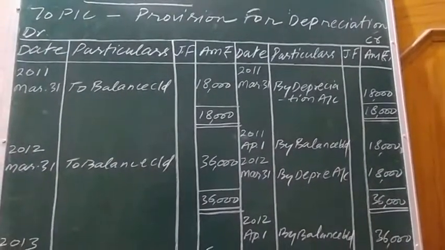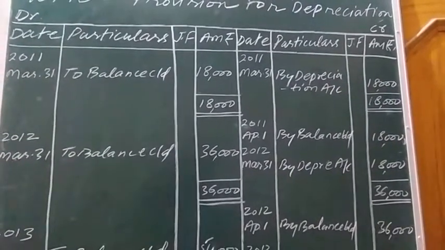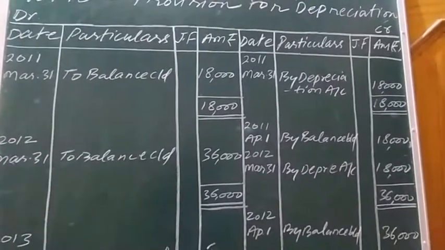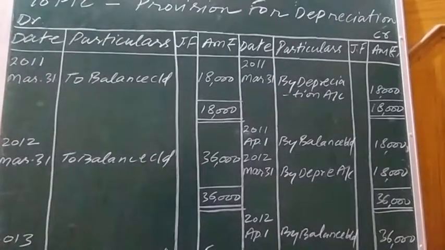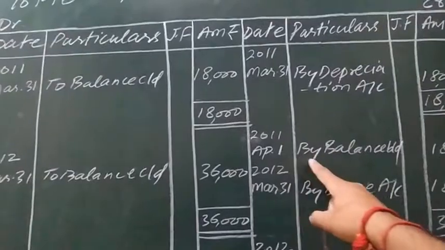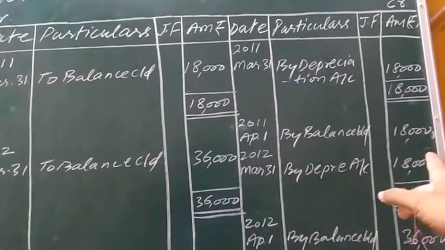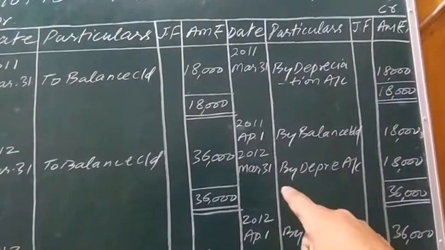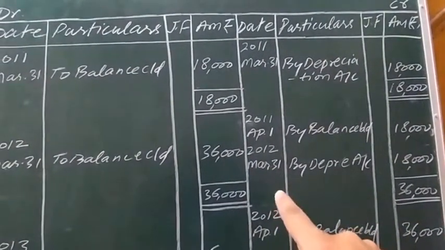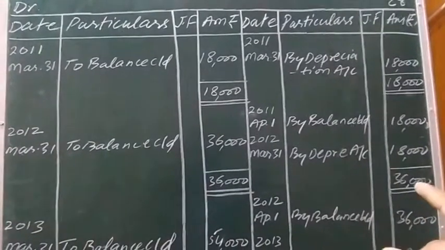Now this balance carried down will be brought forward on the opposite side, that is the credit side. 2011 April 1st, you can see here, by balance brought down, the same amount, 18,000. Now at the end of the year, on 31st March 2012, the same amount of depreciation will be charged, 18,000.